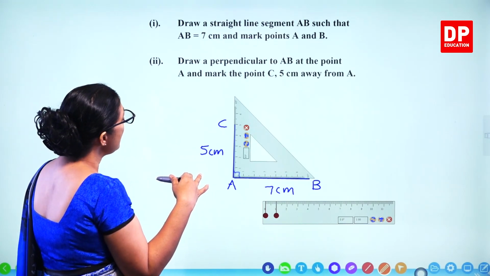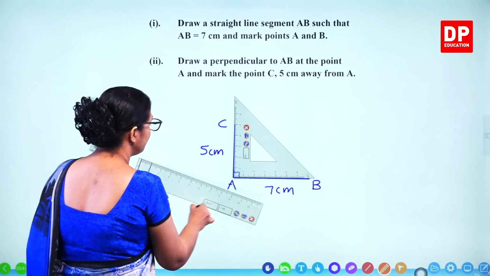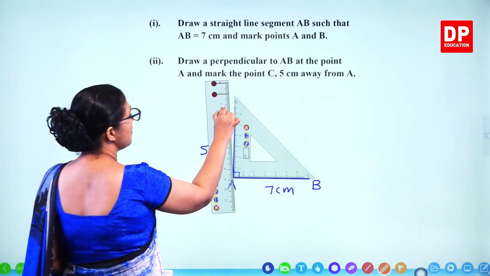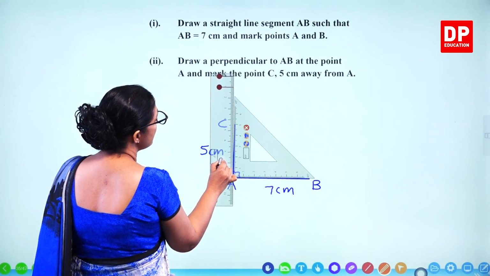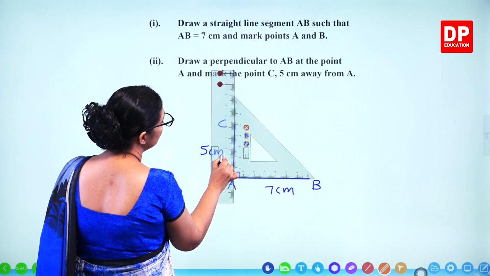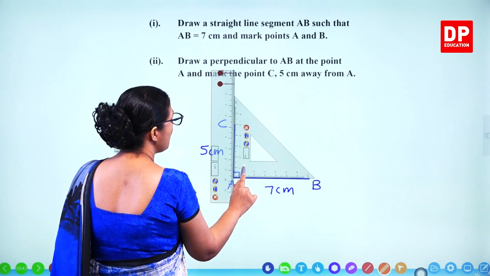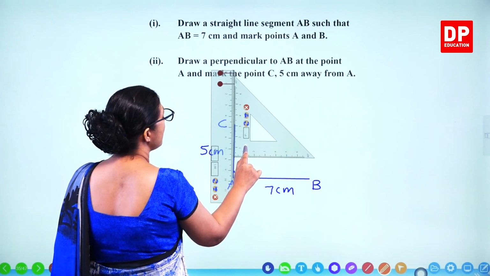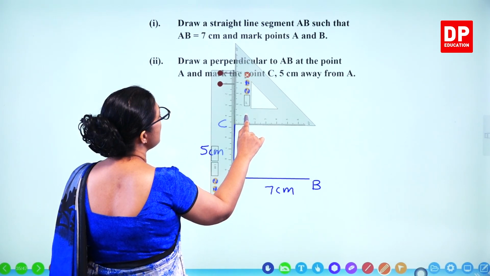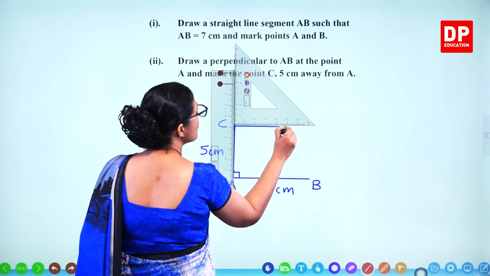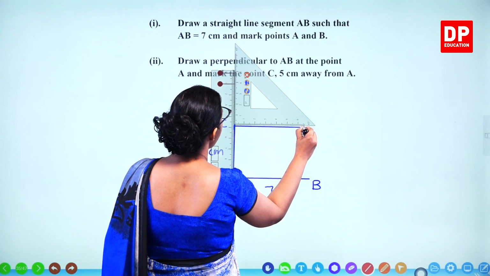Now here take the ruler and we can keep it here because we have to drag the set square along this way, because we need to draw the perpendicular line. So we are dragging now along this one, and when it comes to C, we can draw the horizontal line there. So again 7 centimeters.